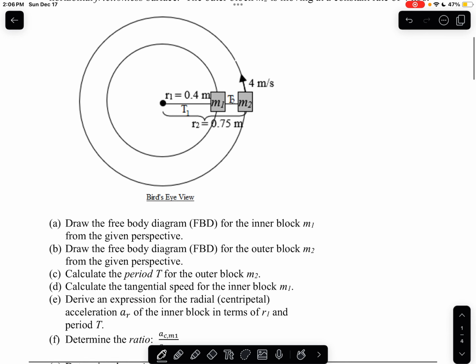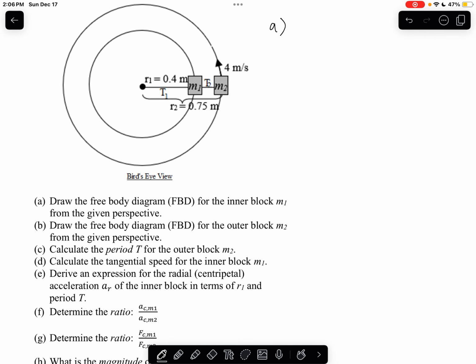For part A, I'm going to draw the free body diagram for Mass 1 using bird's eye view. You told us the tension, so I make it a block so it's easier to see, and there's tension going that way.